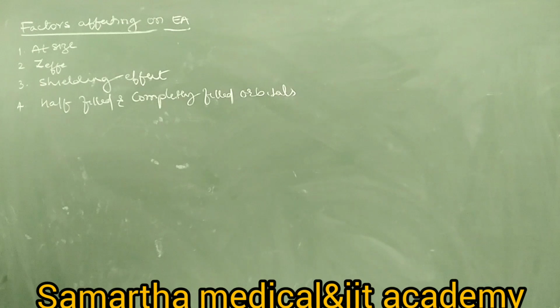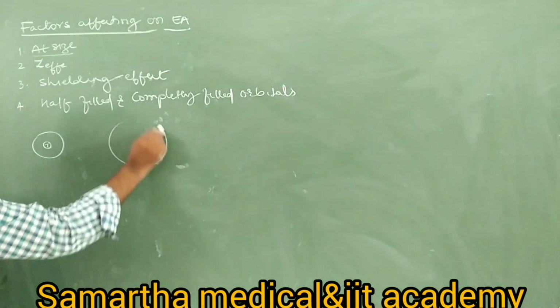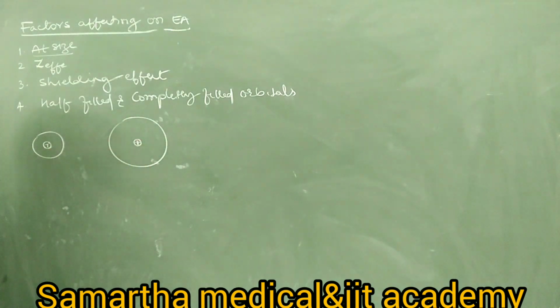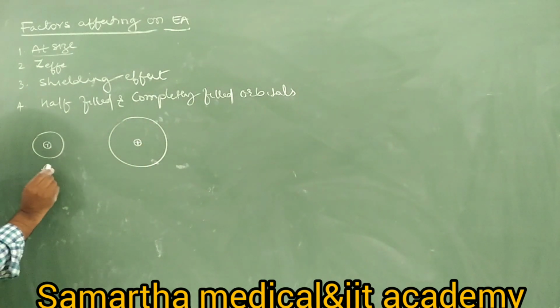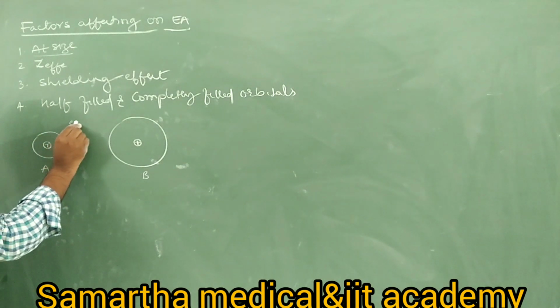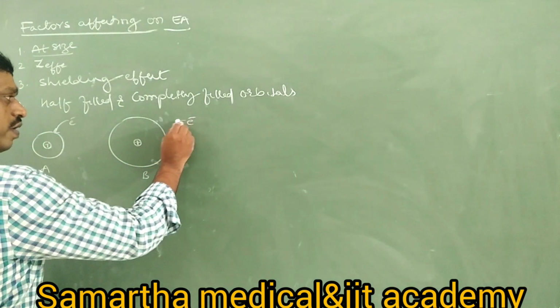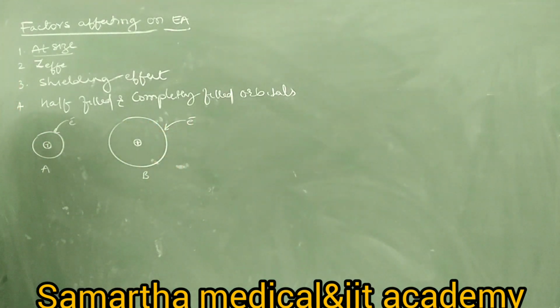electron affinity. Now first one is atomic size. Can you tell me, now take, there are 2 atoms, smaller atom and larger atom. Okay, it is A and it is B. Now here both are of course stable. Now we want to add 1 electron to the smaller atom, and in the same way add 1 electron to the larger atom also.